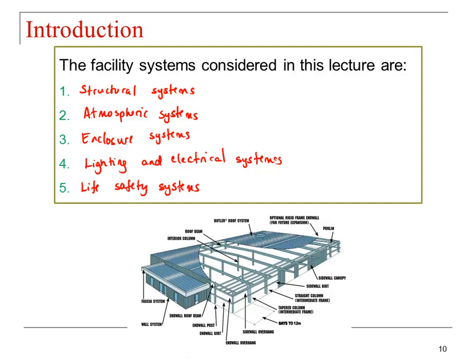And when we are talking about a facility, most of the time we're talking about very large structures. So here I'm presenting basically the skeleton of such a type of facility or structure. You're going to have different materials coming together to hold this big roof and the walls and so on. So we're going to talk about these things in this lecture.